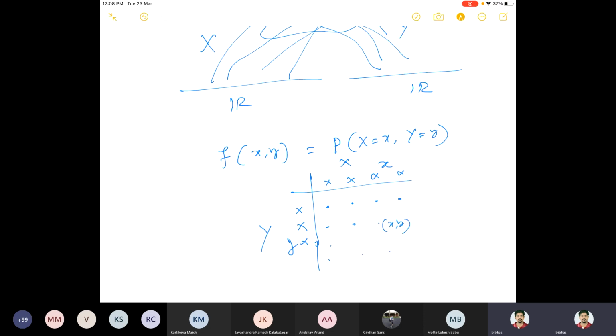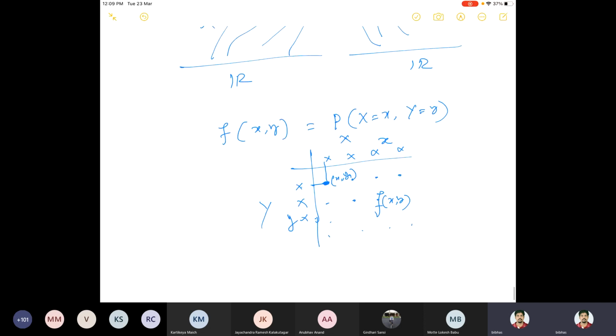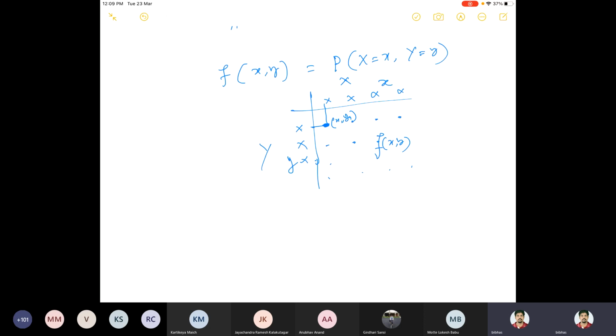And then we said we can talk about this not just as a point, but as the probability. So what is the probability that X will take this value and Y will take this value? Let's say this is x1, y1. Then this will be the probability for x1, y1. So we can have a table format to define the probability mass function or the probability distribution function.